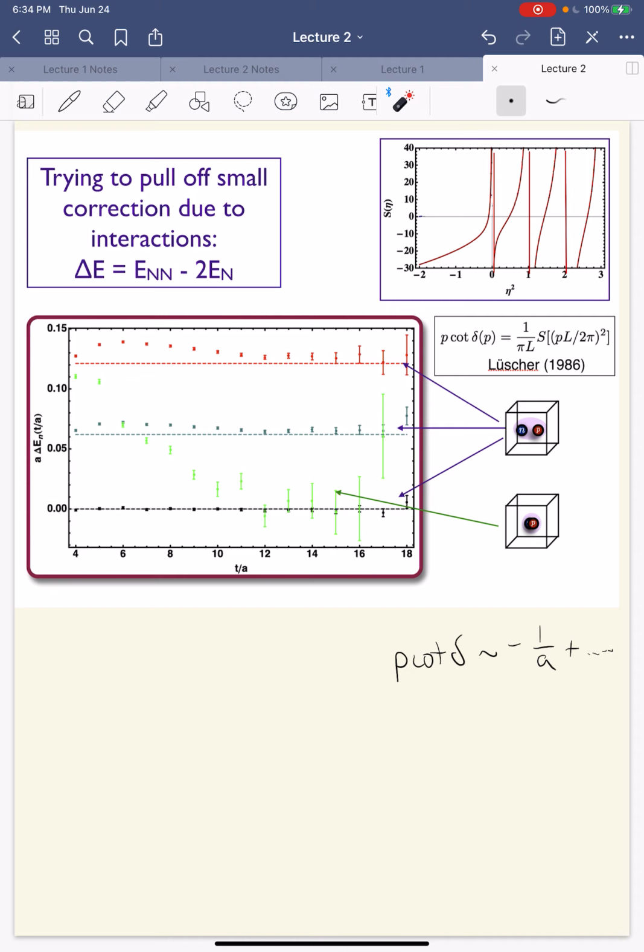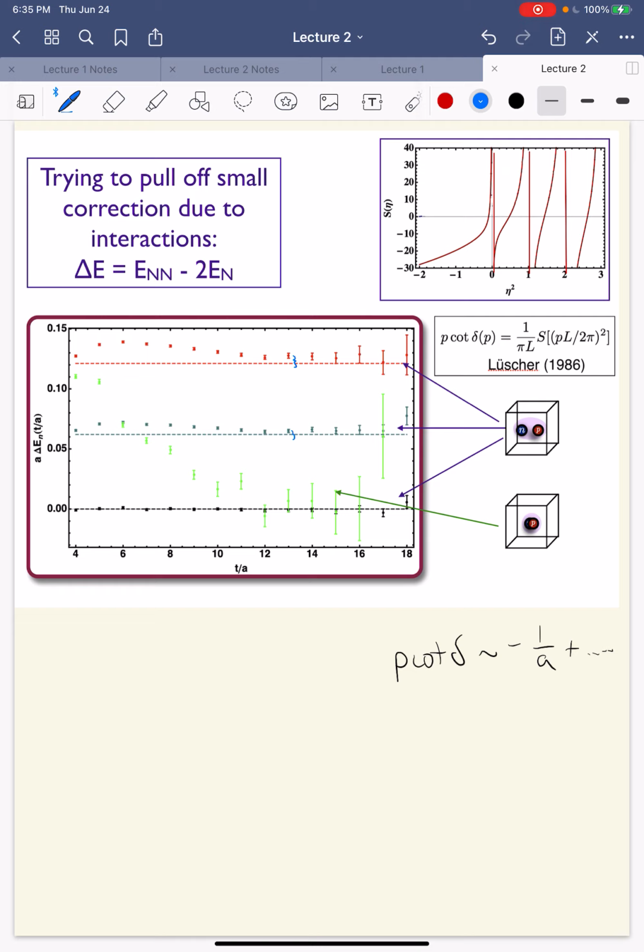So here, these are some effective masses of actual energy levels versus time. And the dashed lines are the non-interacting two nucleon levels. And the thing we're trying to extract is this tiny distance here. I can't even draw that small on my screen.